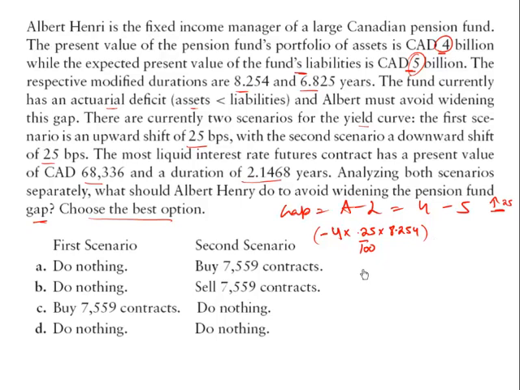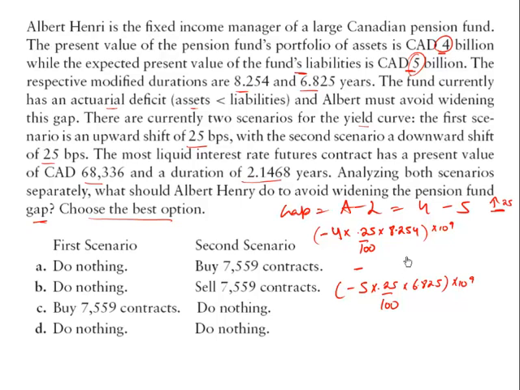But fortunately for us, the liabilities will also fall. The liabilities will fall by 5 into 0.25 upon 100 into 6.825. You can multiply it with 10 to the power 9 to calculate the answer in dollar terms rather than billions of dollars.